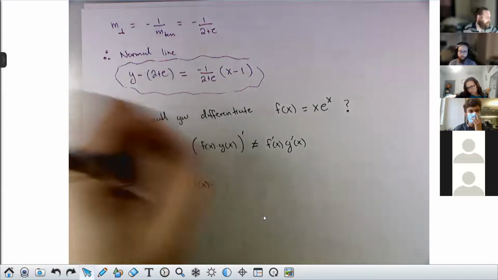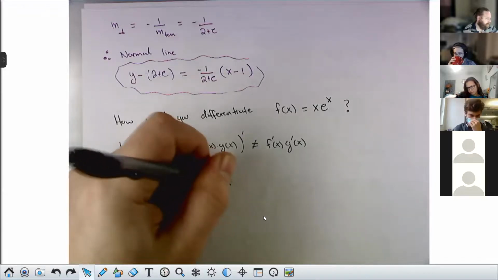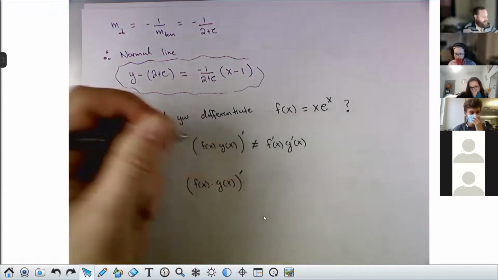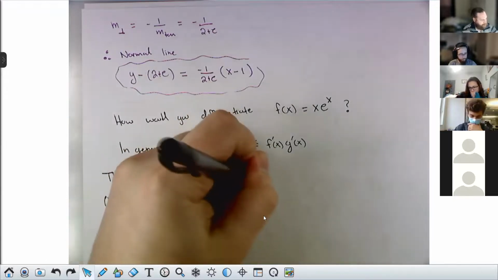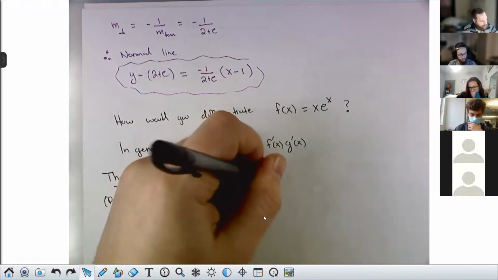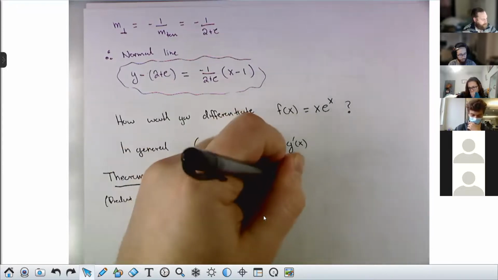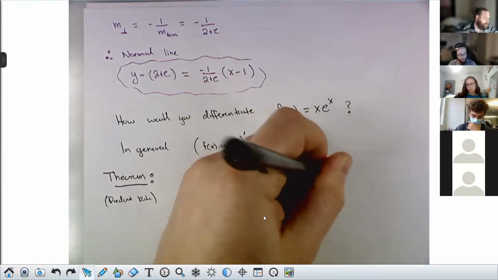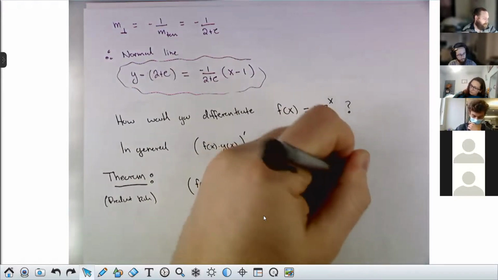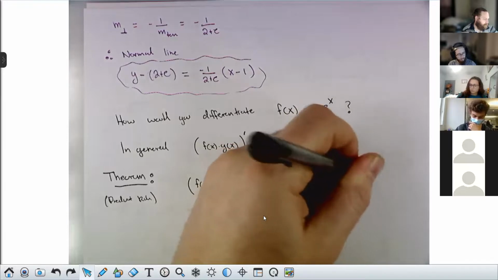If you have a product of two functions like f of x times g of x that you wish to differentiate, you differentiate them one at a time, leaving the other guy alone. So this is f prime times g plus f times g prime.